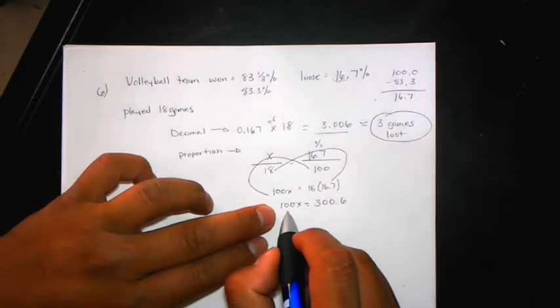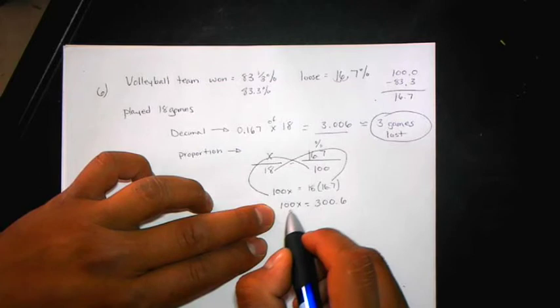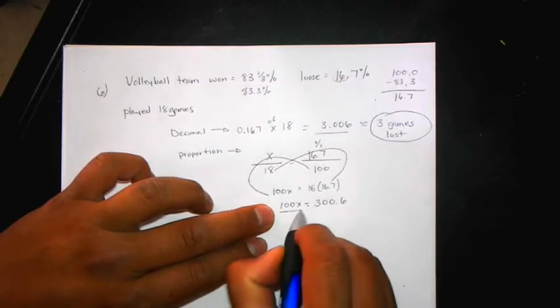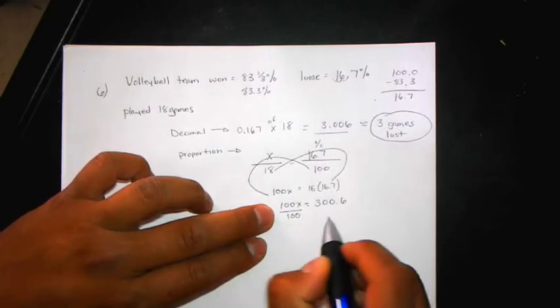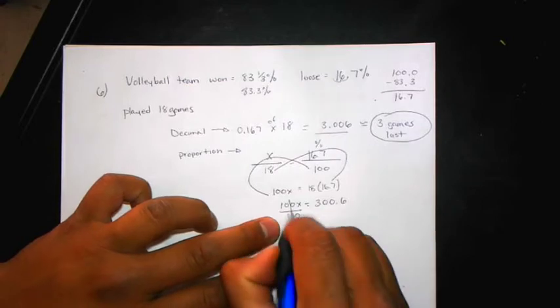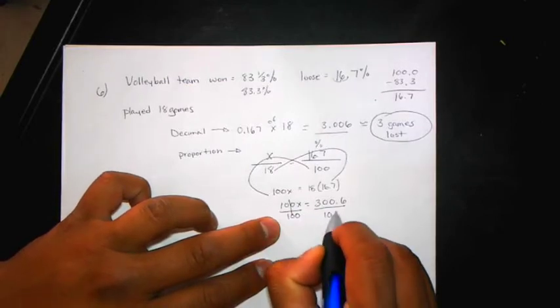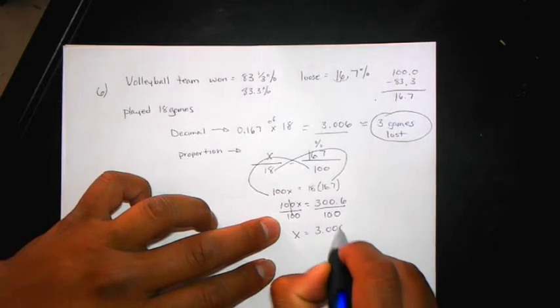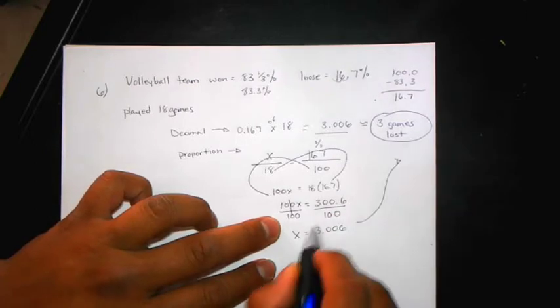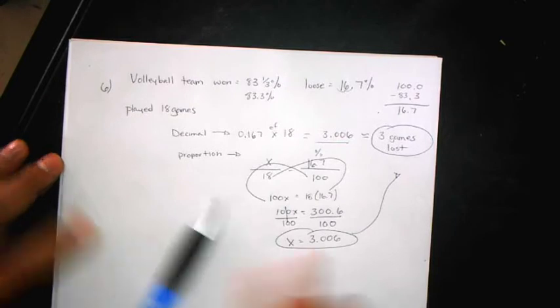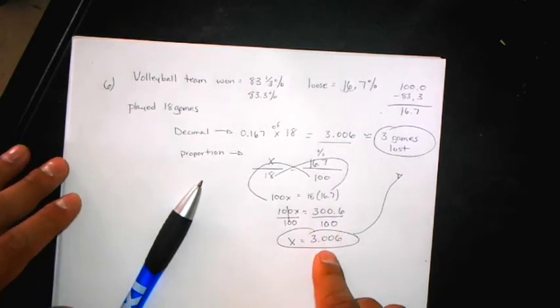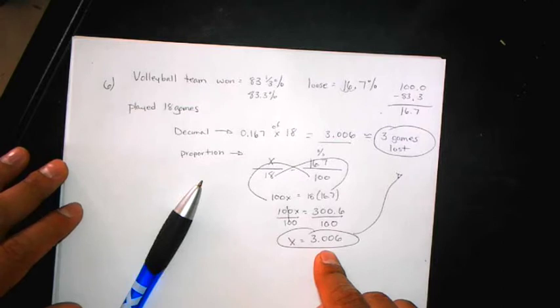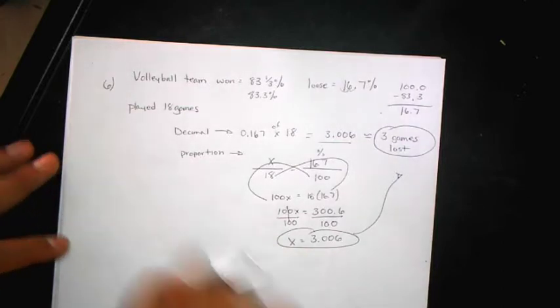And then how do I solve for x? I go ahead and divide it by 100. That turns into 1. Whatever I do to one side, I do to the other. X equals 3.006, which relates back to that same particular answer. Okay, so they lost 3 games, and the reason why I rounded it was because you can't lose 0.06 of a game.